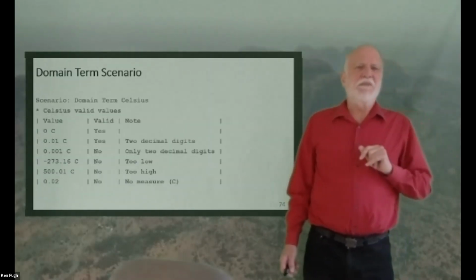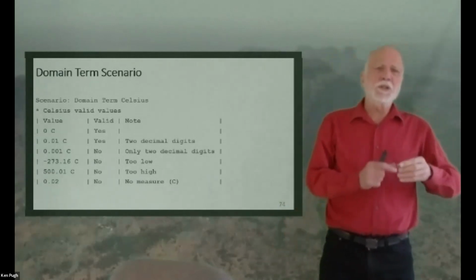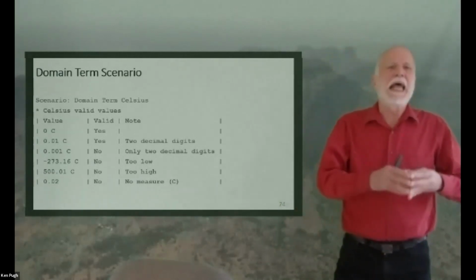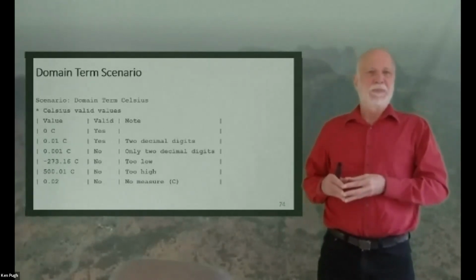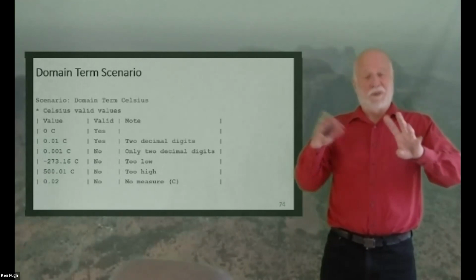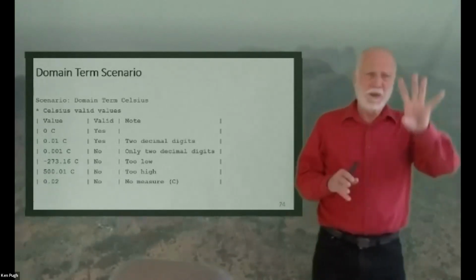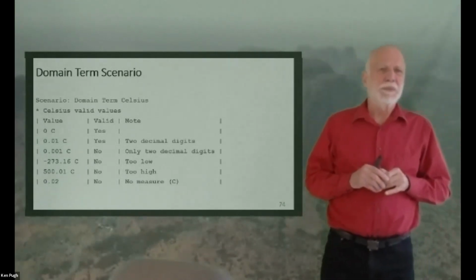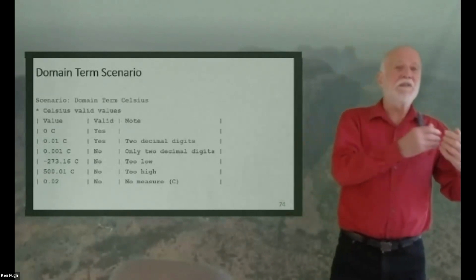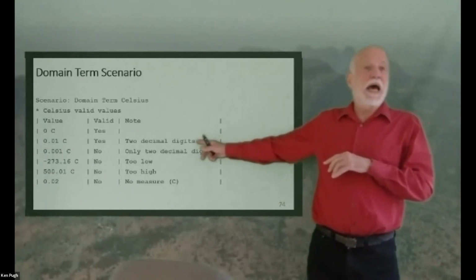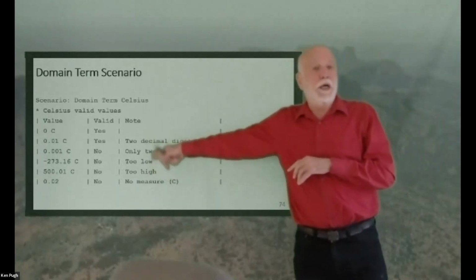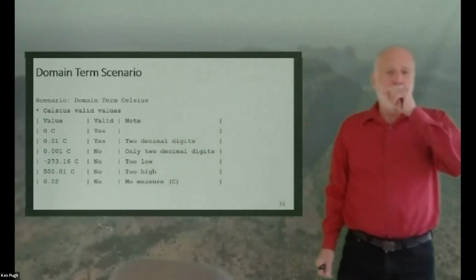But let's give an example of this. Suppose that we actually had a domain term Celsius temperature. Now we could have temperature with a variation of Celsius and Fahrenheit, but let's just talk about Celsius. We're going to have values and perhaps formatted values that have particular characters after it.